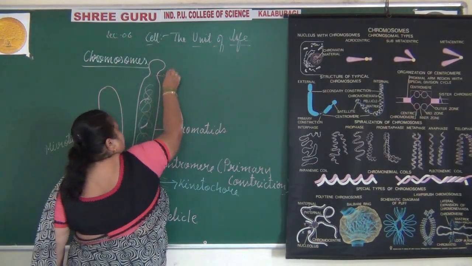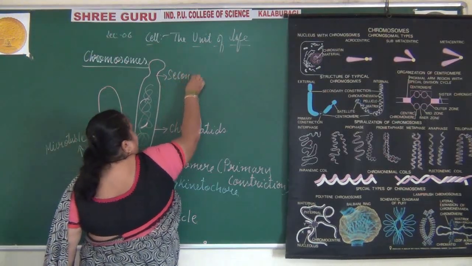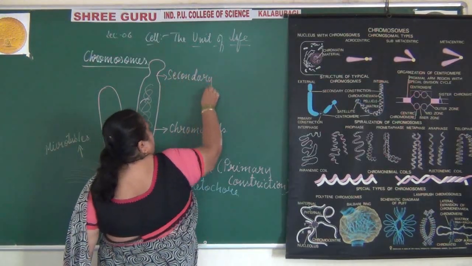This is called the secondary constriction.